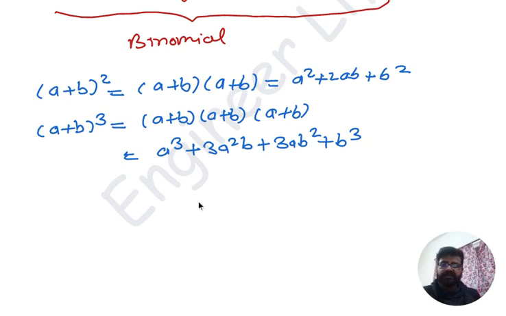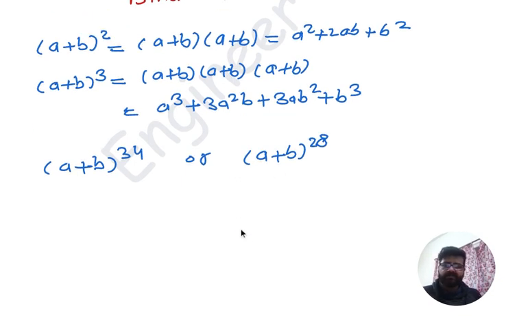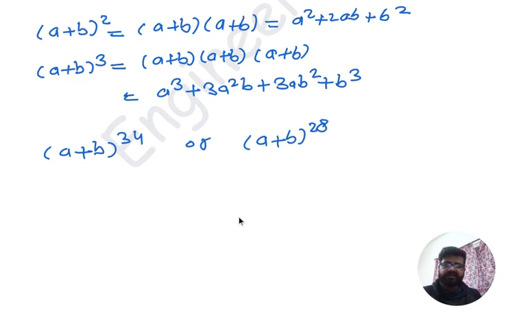But if I ask you to find the value of a plus b to the power 34, or a plus b to the power 28, I told you this method will be lengthy and tough.